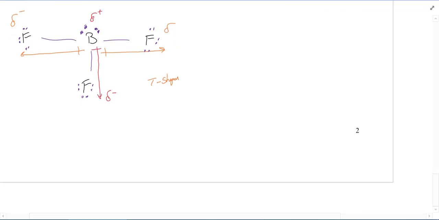Water, 8 electrons, 2, 4, 6, 8. It's technically bent. So for water, in the middle, you have a negative, and you really don't have a negative on each hydrogen.